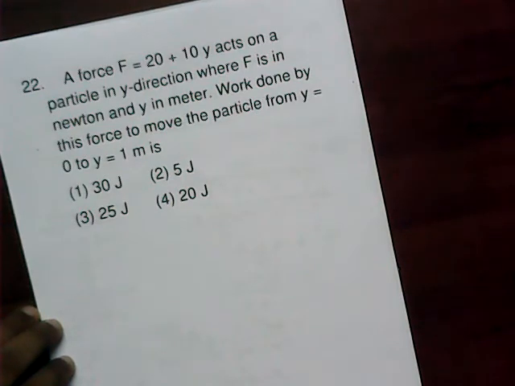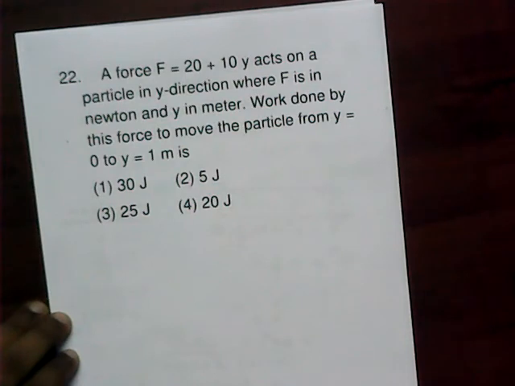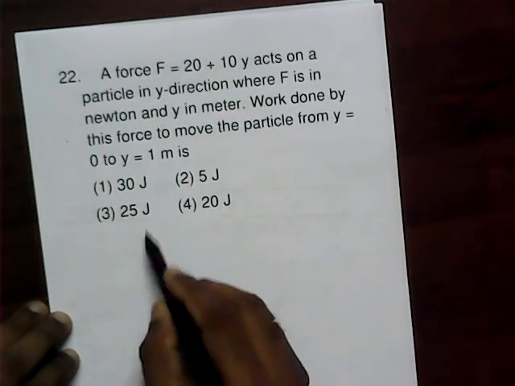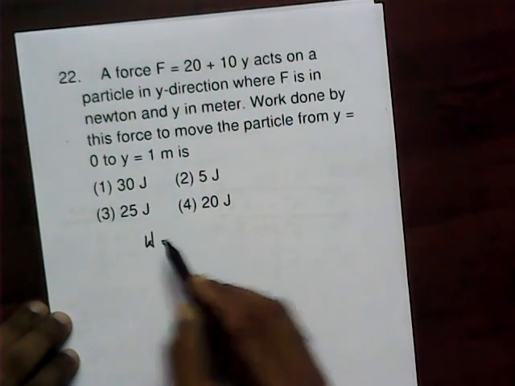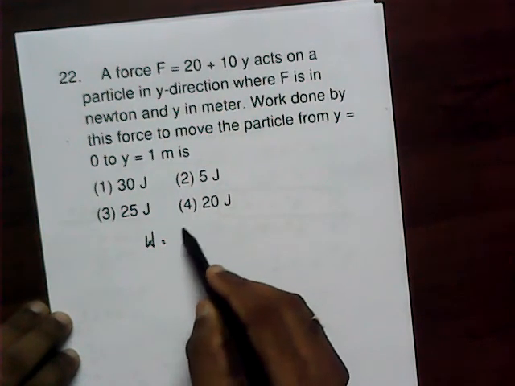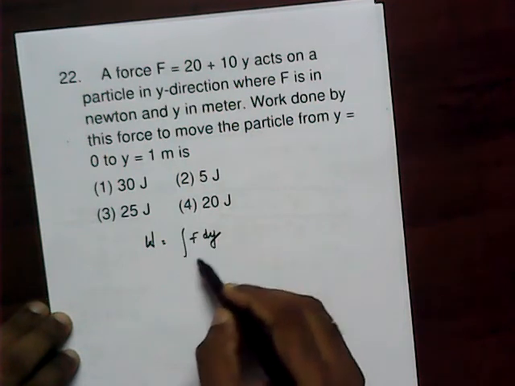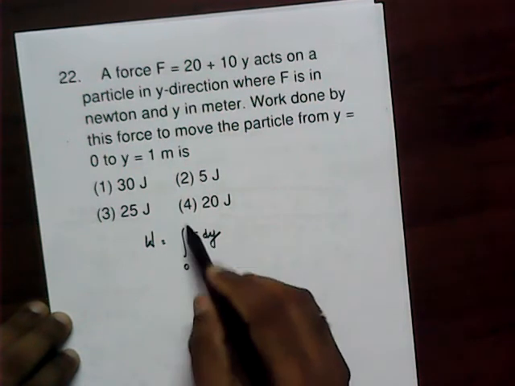Work done by this force to move the particle from y equal to 0 to y equal to 1 meter. We can simply use the integration method for variable force, W is equal to integral F dy between the limits y equal to 0 to 1.